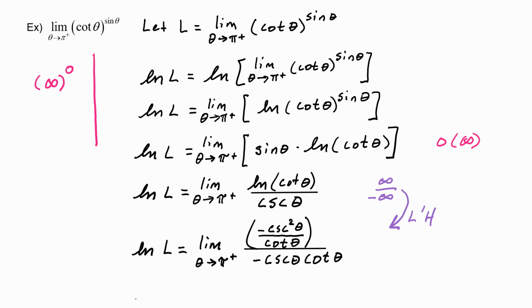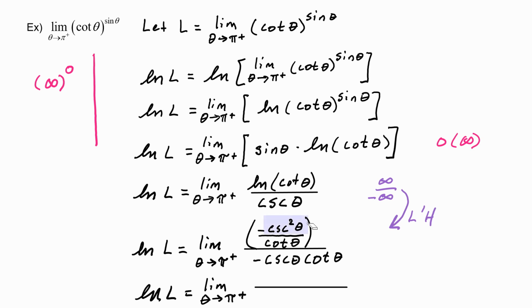Then we have that the natural log of L is going to be the limit as theta approaches pi from the right. Now we have this negative sign will cancel with this negative sign, so those are gone.